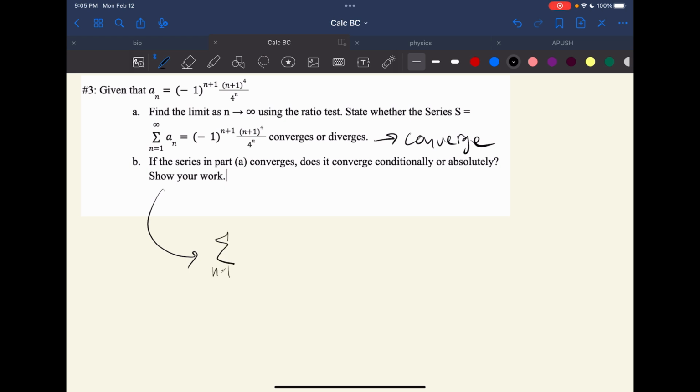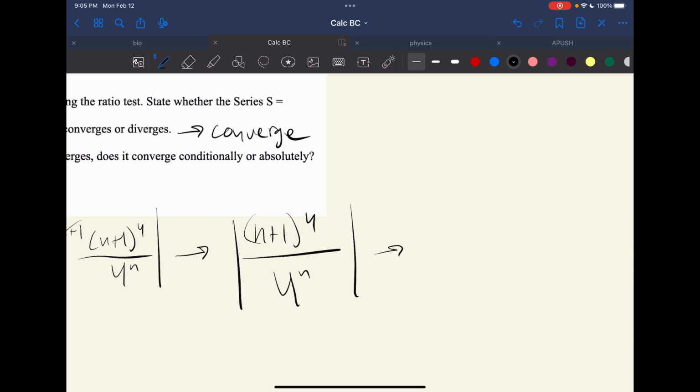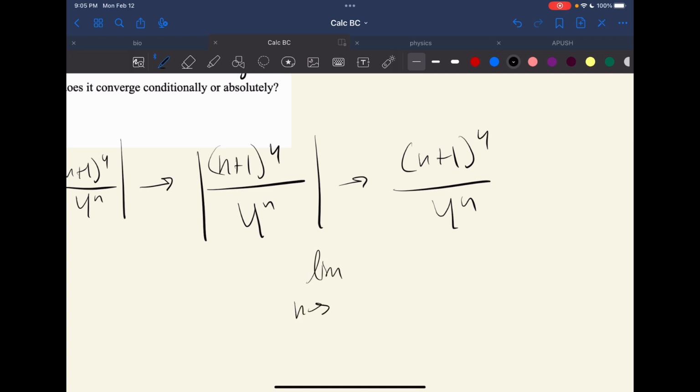So if we have negative 1 to the n plus 1, (n plus 1) to the fourth, all over 4 to the n, if we took the absolute value of that, this would go away, and then we would have only (n plus 1) to the fourth, all over 4 to the n, which is going to be all positive. And then basically, we take the limit as n goes to infinity of (n plus 1) to the 4 over 4 to the n.